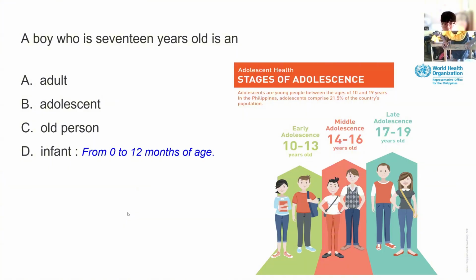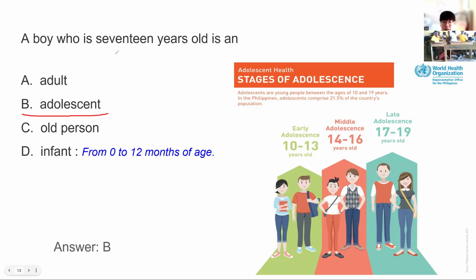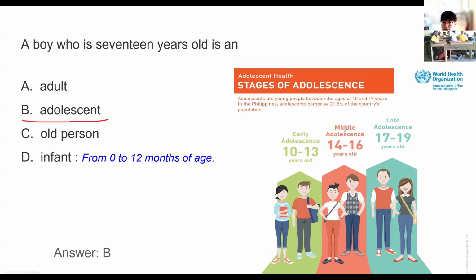The answer is B, adolescent. Oh, yes, that's correct. Great job. The answer is B, adolescent. If you're 17, then you can see from this picture that you're in this stage of adolescence.